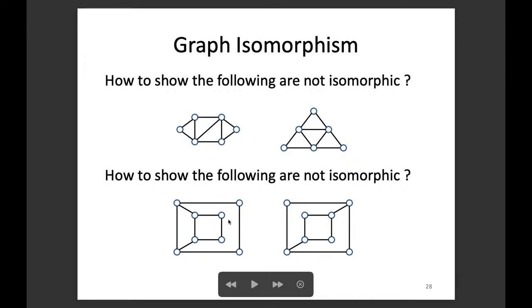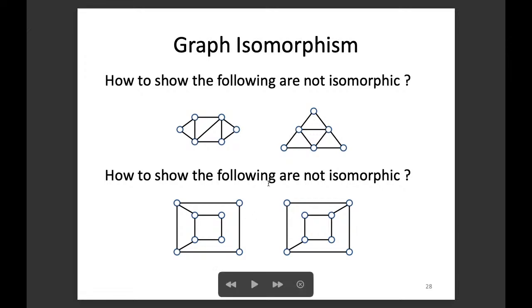Now, how about this one? If you look at this one, although it looks like there is just one edge difference here, they are also not isomorphic to each other. So is there a way to show that it is not isomorphic?